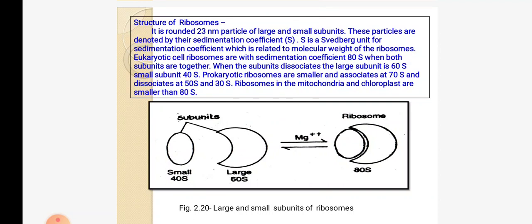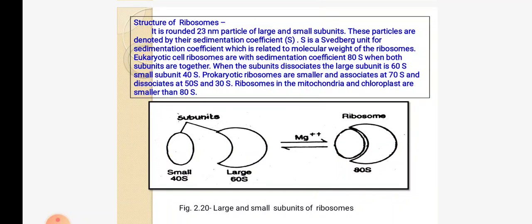Eukaryotic cell ribosomes have a sedimentation coefficient of 80S when both subunits are together. When the subunits dissociate, the large subunit is 60S and the small subunit is 40S.